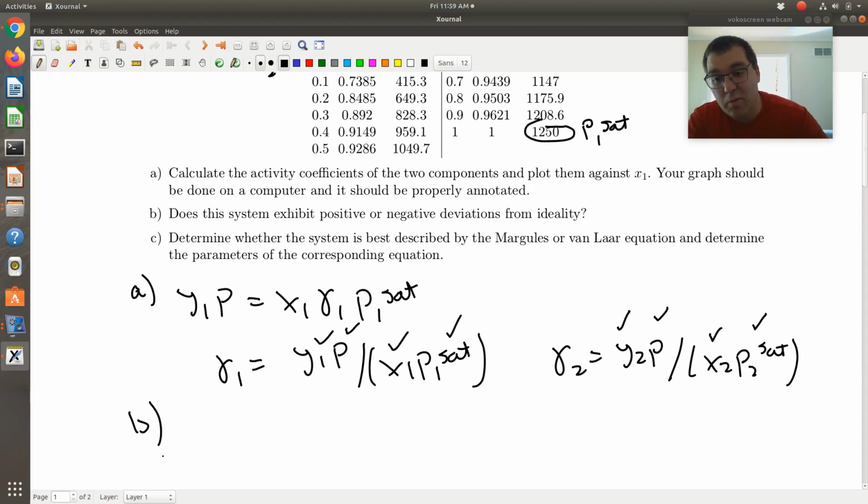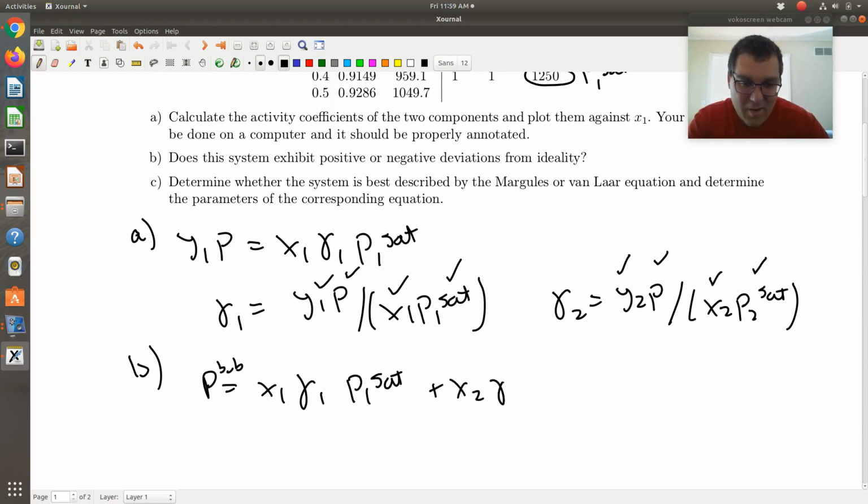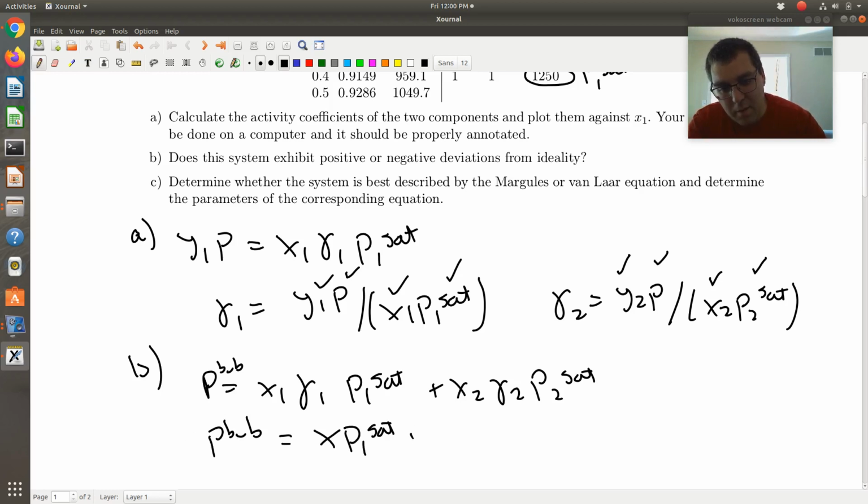Remember the idea is that for Raoult's law, my bubble line P bubble takes the form x1 P1 sat plus x2 P2 sat, whereas for modified Raoult's law, it takes the form x1 gamma 1 P1 sat plus x2 gamma 2 P2 sat. For an ideal solution described by Raoult's law, I have x1 P1 sat plus x2 P2 sat.